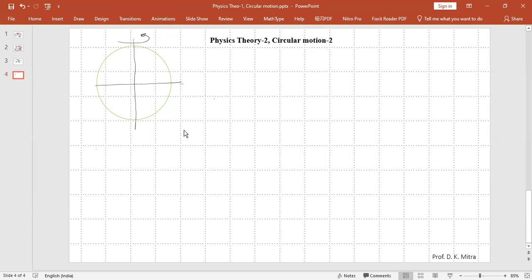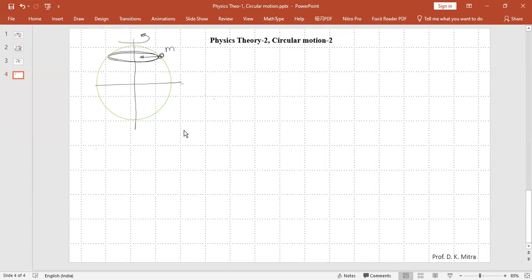The point is, if the earth is rotating like this, suppose you are here, then you are rotating on this circle, and let's say your mass is m. You are rotating on this circle. Definitely, there is a centripetal force applied on you, a force applied on you towards the earth's axis.